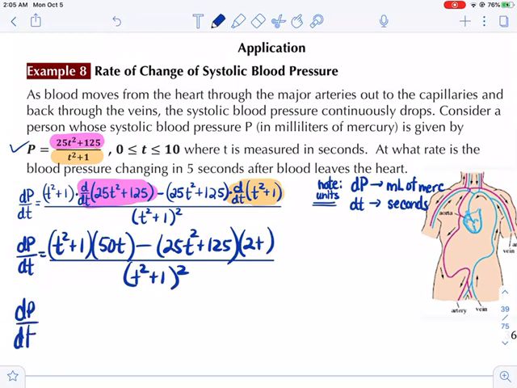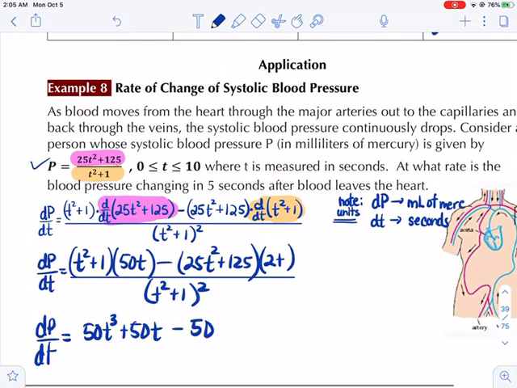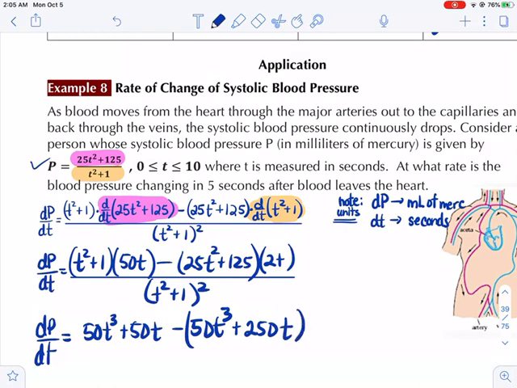So we get dp dt is then equal to, when we multiply, we get 50t cubed plus 50t minus, in parentheses, 50t cubed plus 250t.